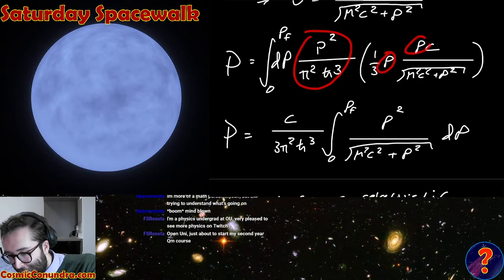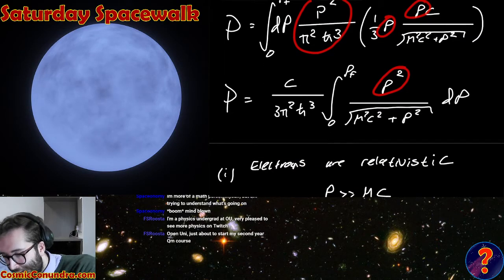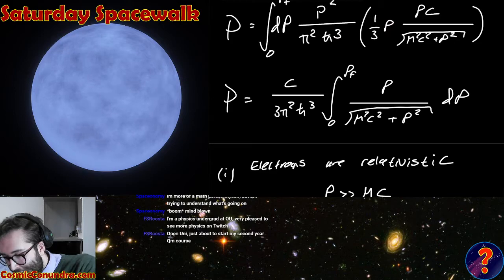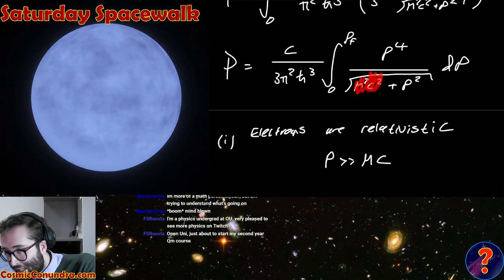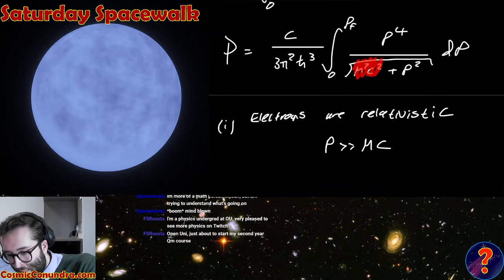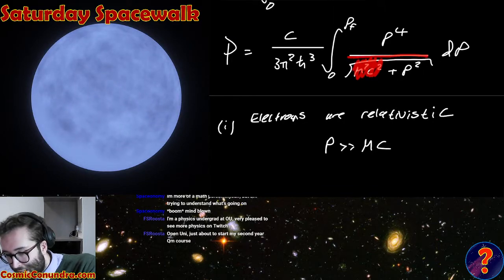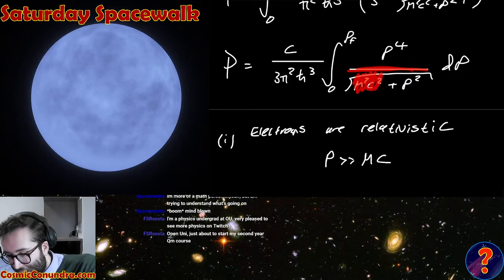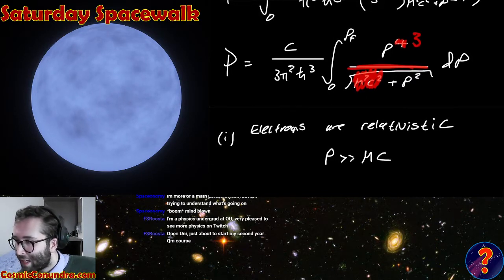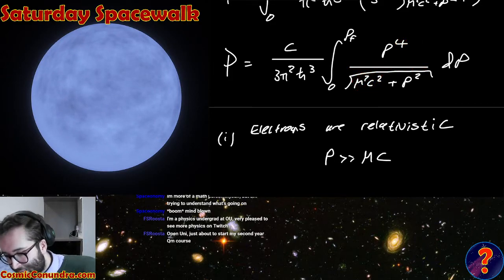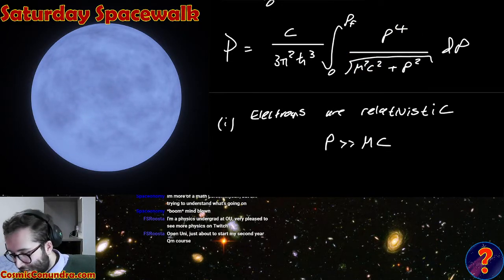Then we've got another 2 p's here, so this should be a p to the 4th. So if you get rid of the m squared c squared here in this relativistic limit, then you just end up dividing the p to the 4th by p, so you end up just taking the integral of p cubed, which is totally easy and something we can do. So that's very straightforward.